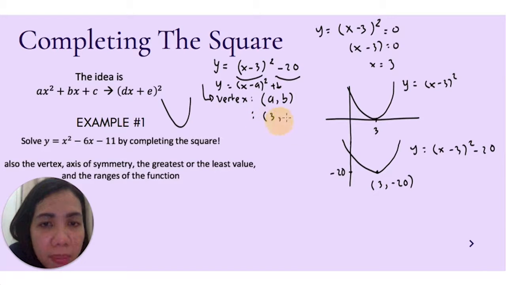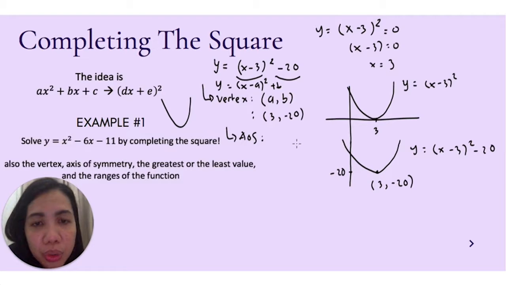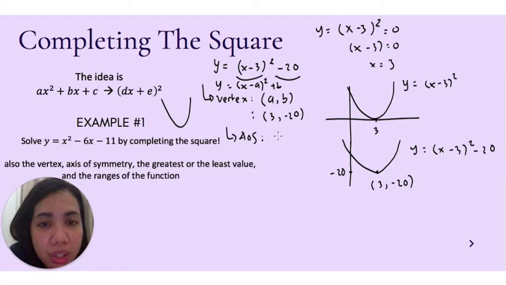So the vertex is 3, minus 20. Okay, now for another thing, axis of symmetry. For the axis of symmetry, we just need to get the x coordinate of the vertex, which is 3 here. So x equals 3. This is the axis of symmetry.